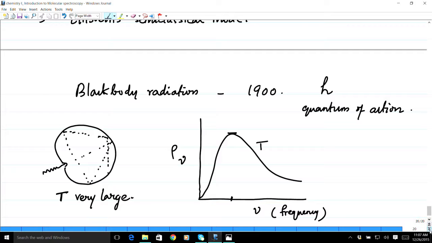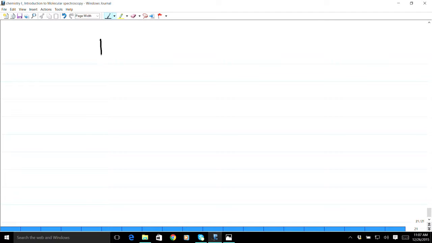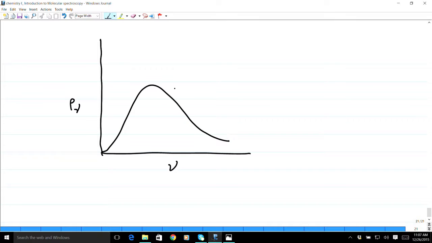What one found was that if you plot rho nu at various temperatures of the black body, one gets this for a T0, say, and another graph for T1, where the frequency for which the density is maximum is greater if T1 is greater than T0.